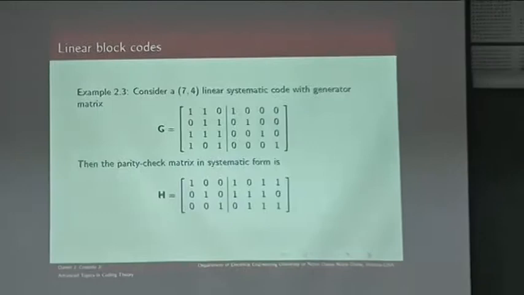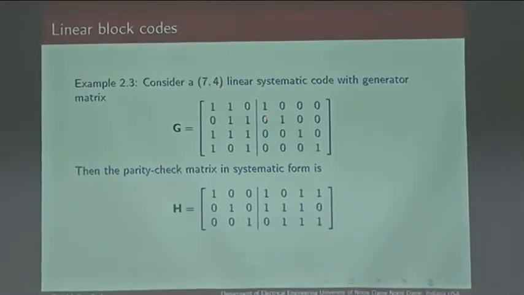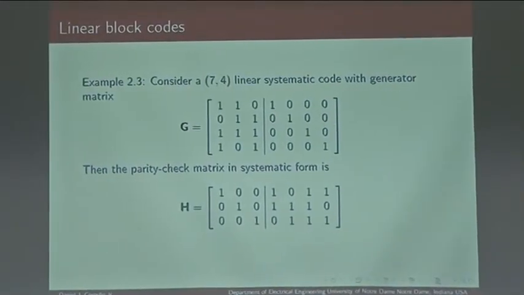For example, here's our example again. So this is the P matrix in G, and the transpose of this now is here in H. And this is the identity part of G. It's a 4 by 4. Here we have the identity part of H, which is 3 by 3.